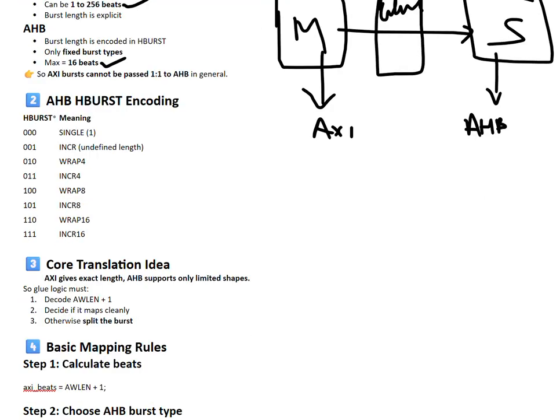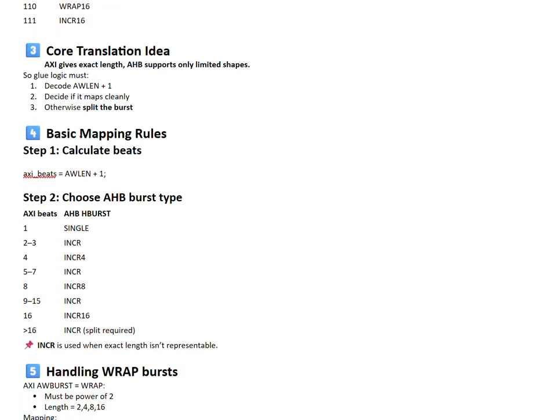So let us just look at the HBURST encoding. 0 is for single, 1 is for incremental undefined length, 2 is for wrap 4, and 3 is for incremental 4, and so on. The core translation idea is AXI gives the exact length, AHB supports only limited shapes. So the glue logic must decode the AW length plus 1, decide if it maps cleanly, otherwise we have to split the burst.